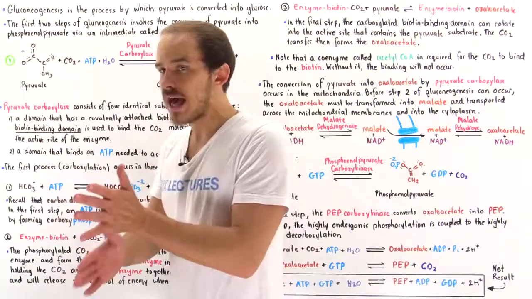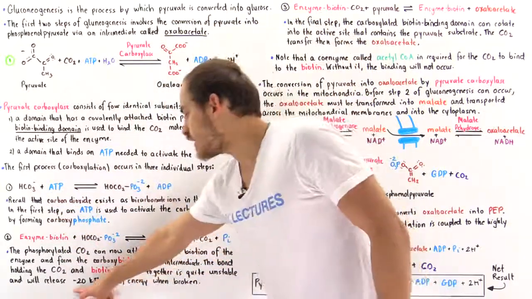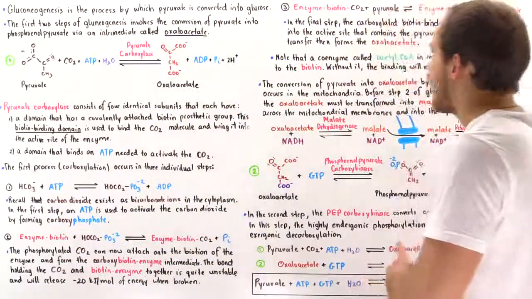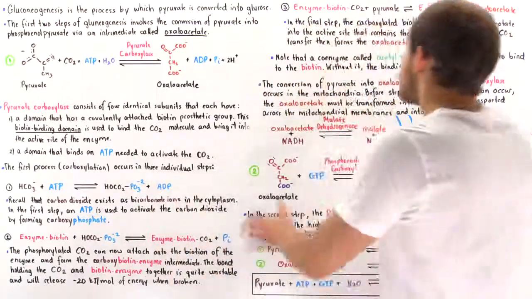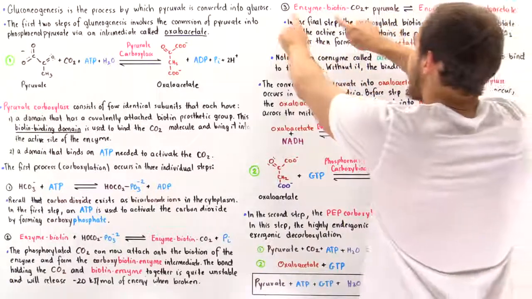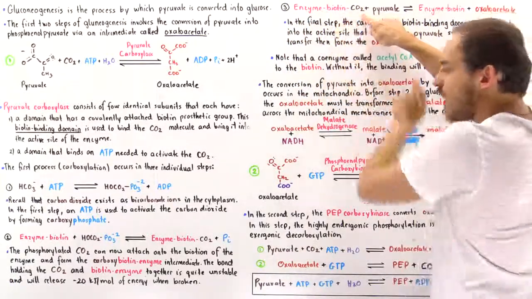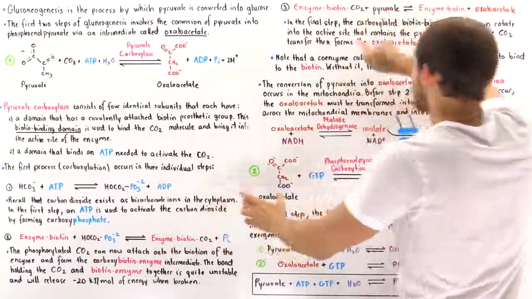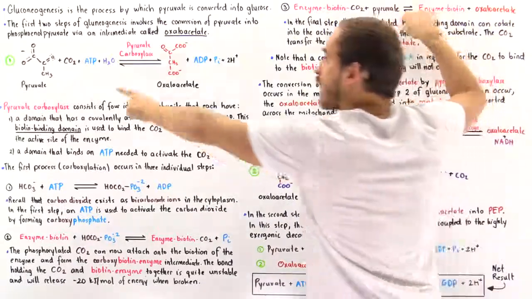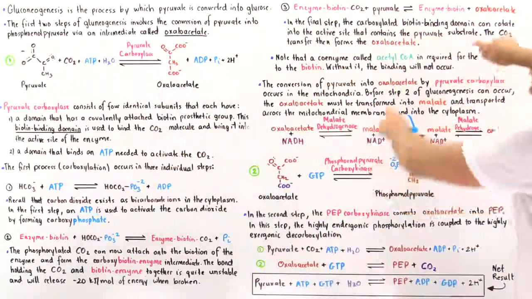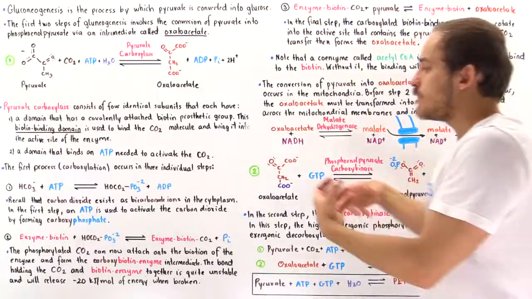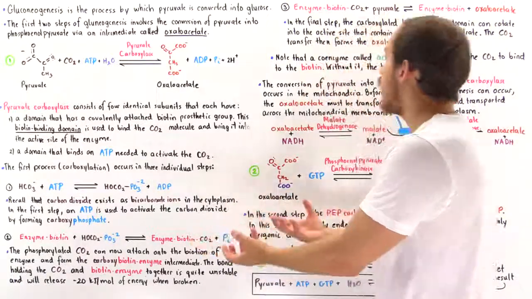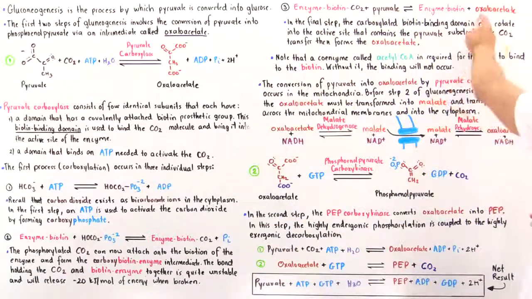And so when we cleave that in the next step, that will release 20 kilojoules of energy per mole that we actually use up. So in the final step, we have the enzyme biotin CO2 complex that we formed here. That is mixed with that pyruvate molecule, and that forms that oxaloacetate. So we're able to use this very activated and reactive complex to attach that CO2 on the oxaloacetate molecule.